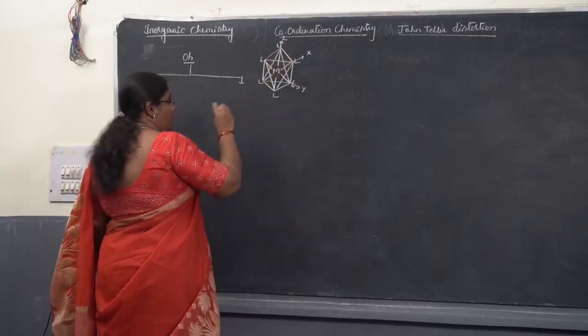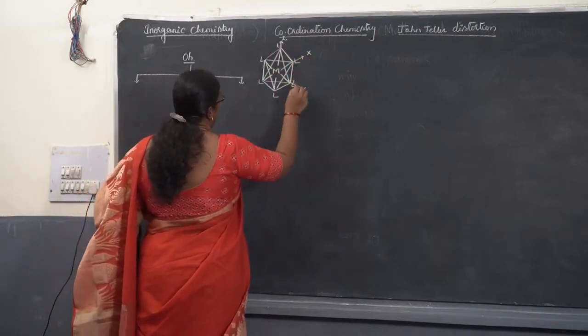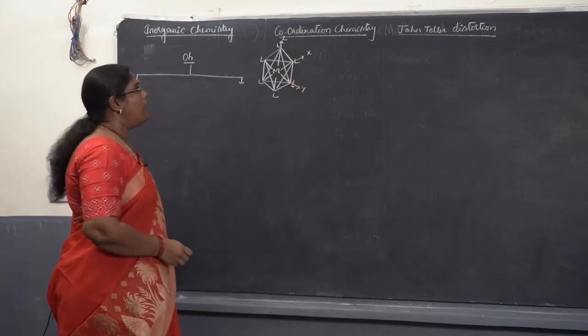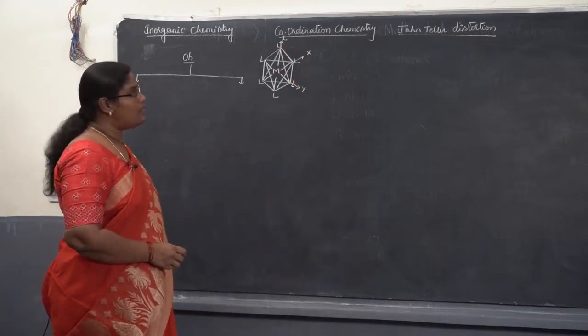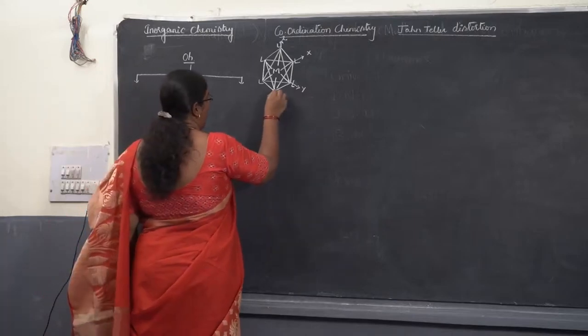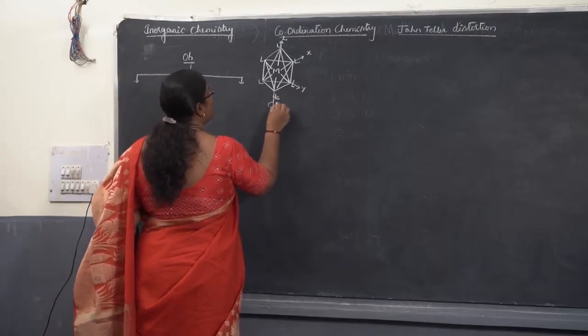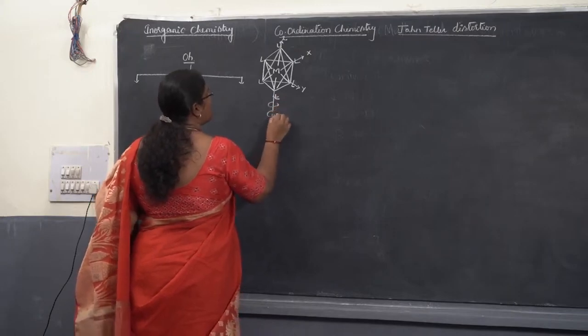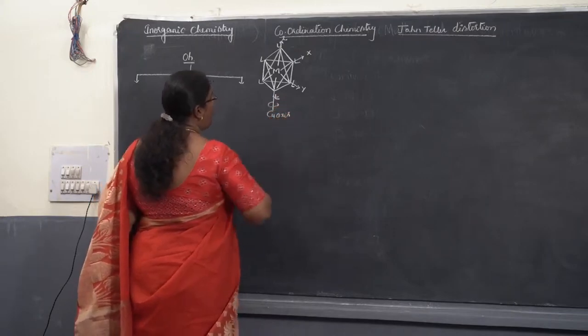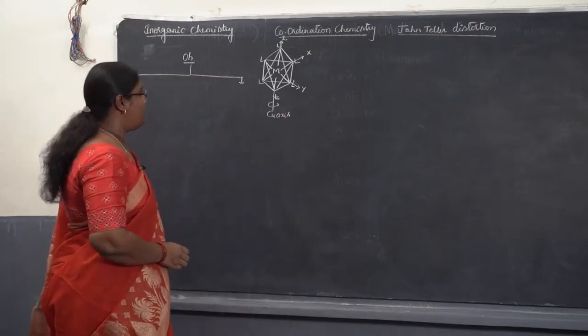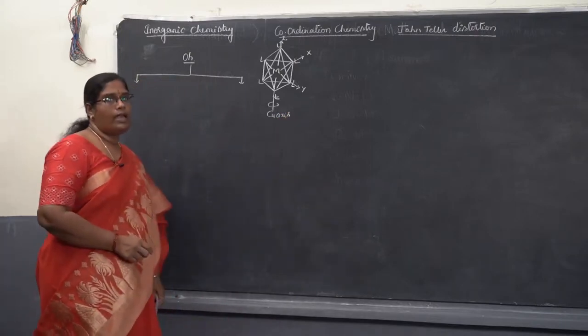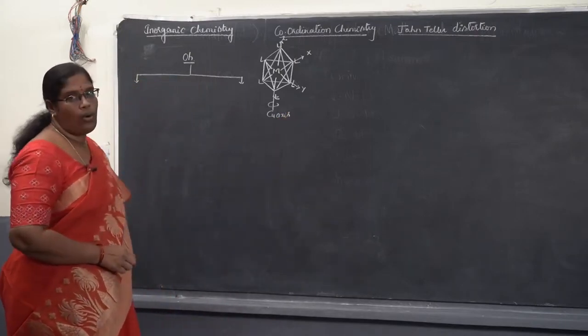Now along any one of the XYZ axes, we can have the C4 axis, and if there is distortion along any one of the C4 axes, we call it tetragonal distortion.